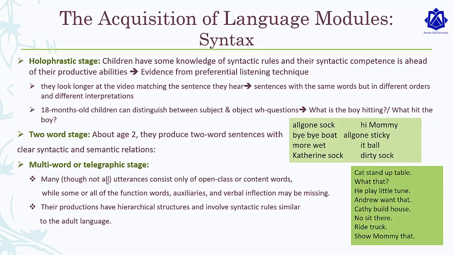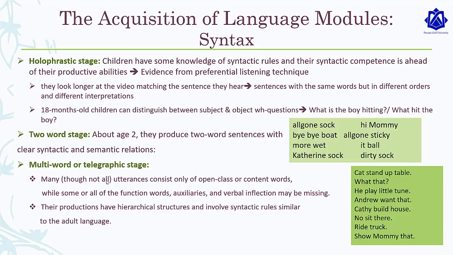For more wet, it's clear, or for Catherine sock, it shows possession, and it ball might be referring to it being a ball. So here they have a clear relationship between these words, and they are aware of that, and they would use it.